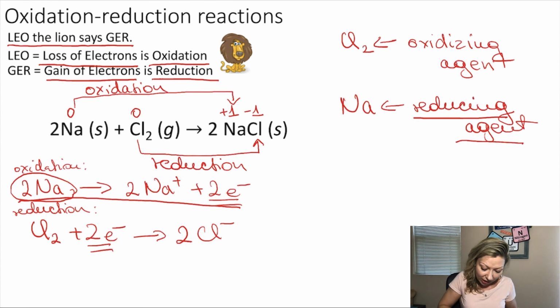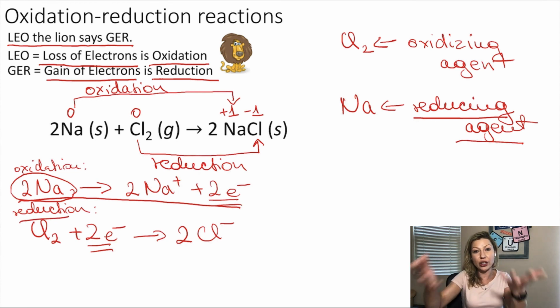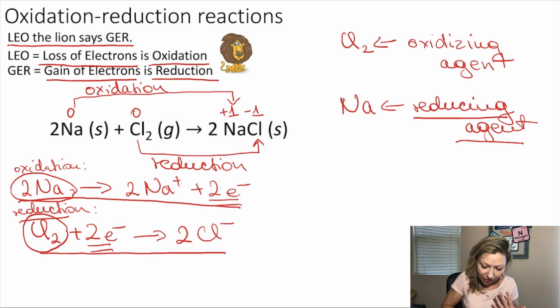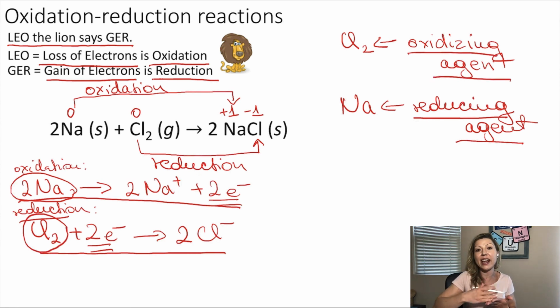Now, in the reduction, you are going to gain electrons, and the atoms that are being reduced are going to be the oxidizing agents because they are making the other atoms be oxidized. Okay, I hope this makes sense. Practice these types of problems and it's going to go easy for you.